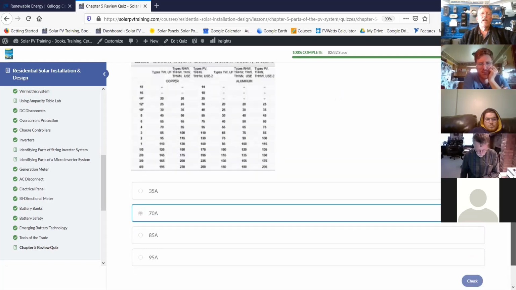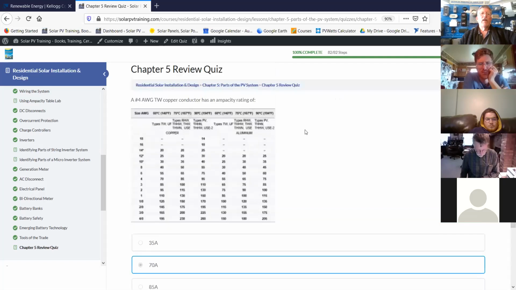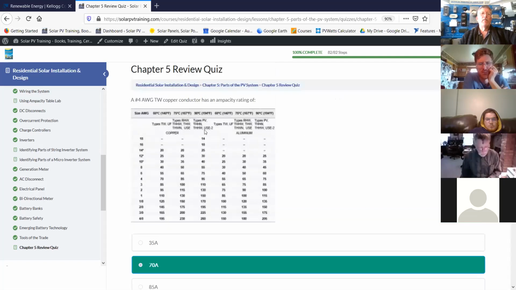One important thing, though, as you're sizing wire: let's say we wanted to run 70 amps through our system and we're using PV wire. We might look here and say at 6 gauge, we can go to 75 amps.